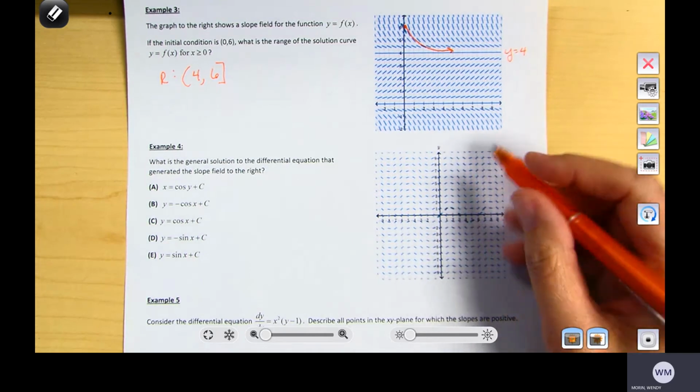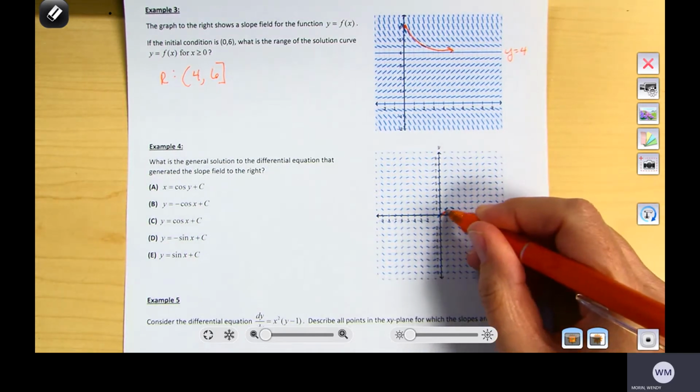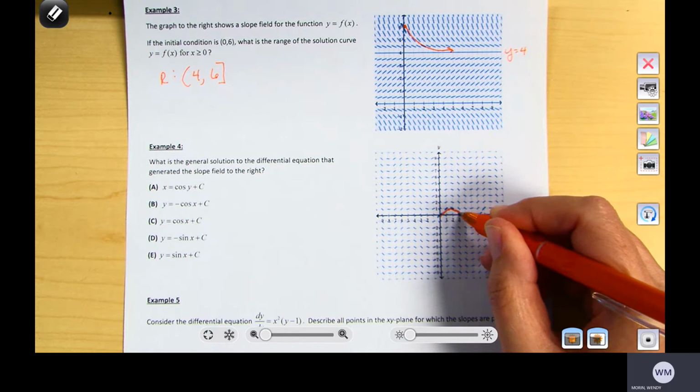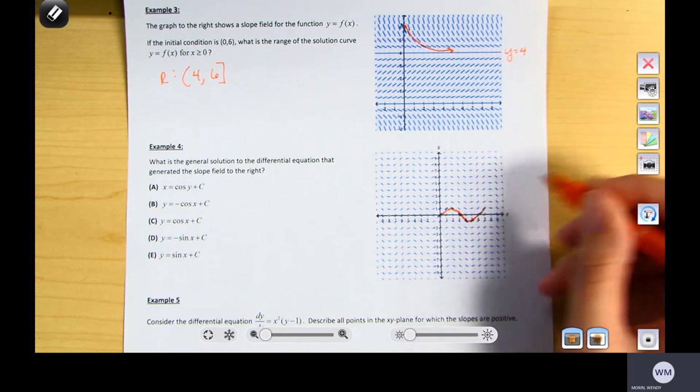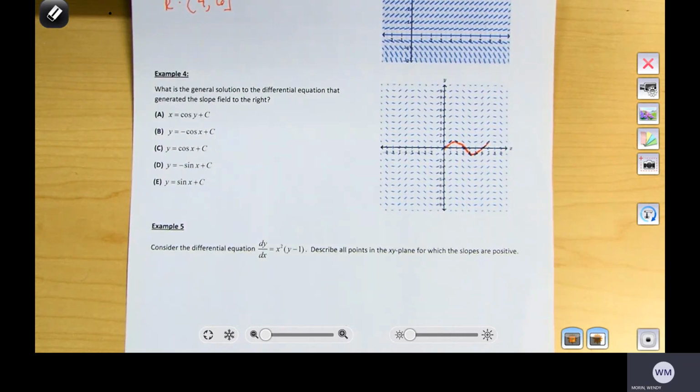You kind of sketch something in, that looks like I can draw a curve, tangent. What graph is that? That's the sine graph.